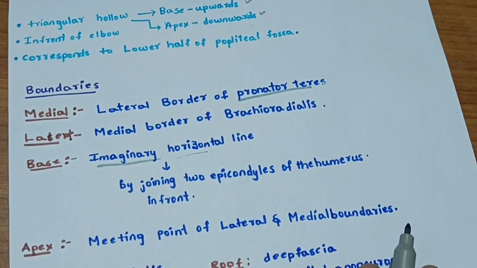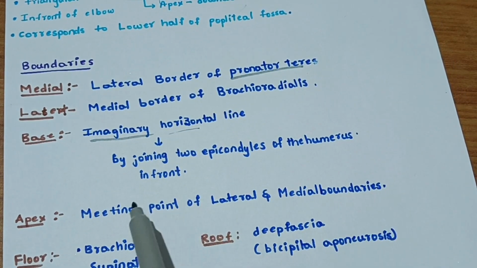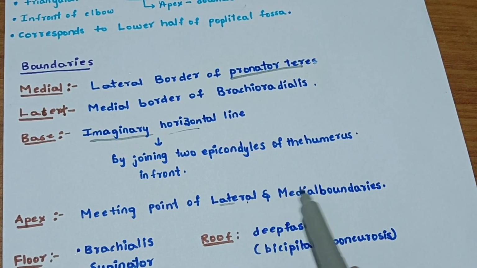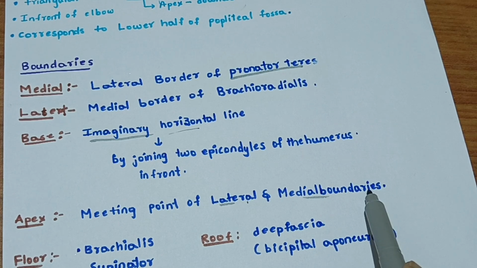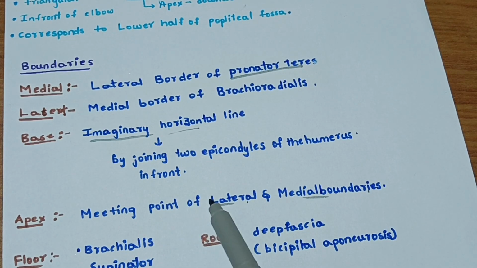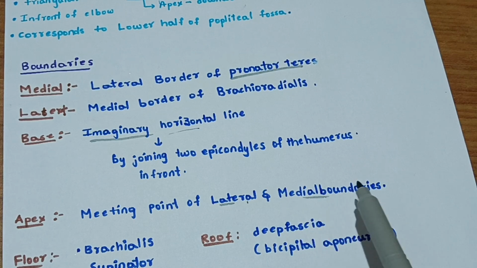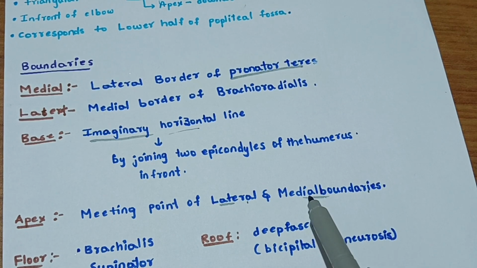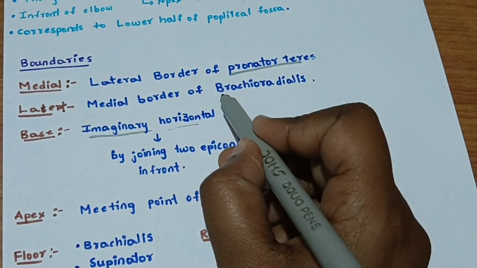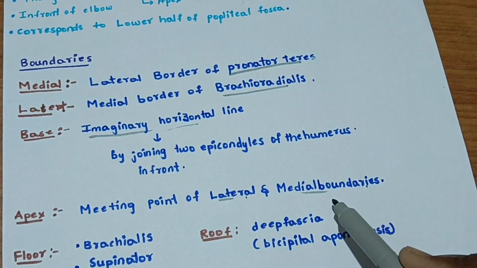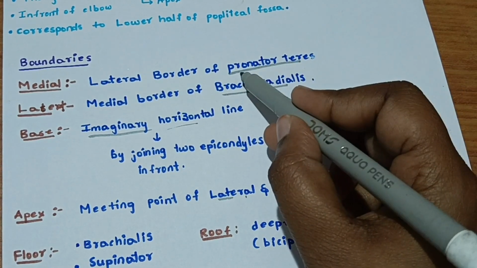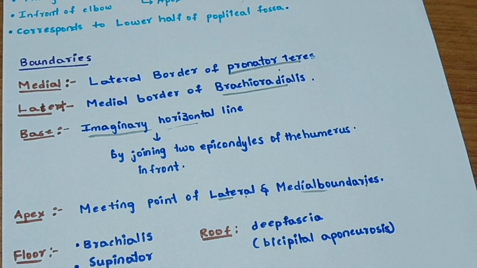And the apex. The apex is formed by the meeting point of the lateral and medial boundaries. The lateral boundary is formed by brachioradialis, whereas the medial boundary is formed by pronator teres. Where these two muscles meet, that point is the apex.